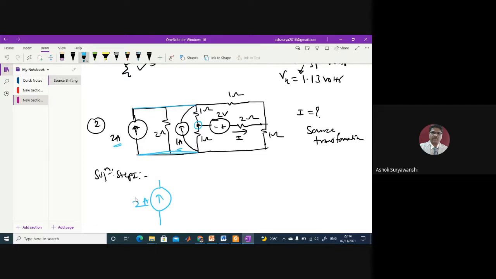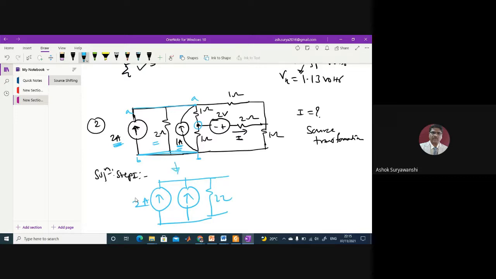That means this A and that A are at the same potential, and this B and that B are at the same potential. So the 2 ampere, 2 ohm and 1 ampere are in parallel. So I can write a 1 ampere source here also in parallel. If I shift or swap it, there is no problem. So this is one and the same, right?